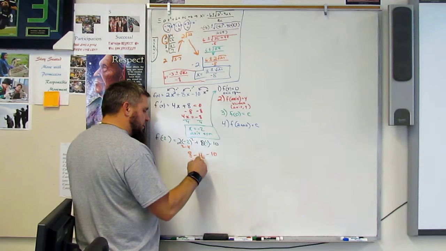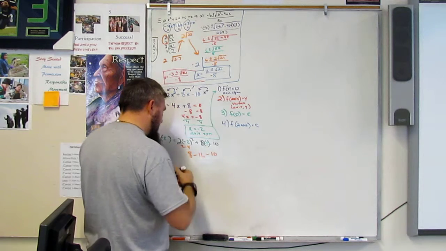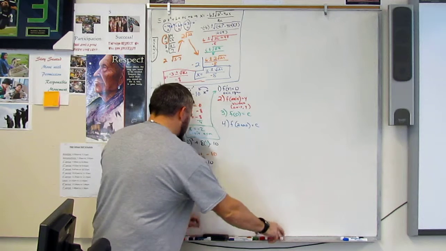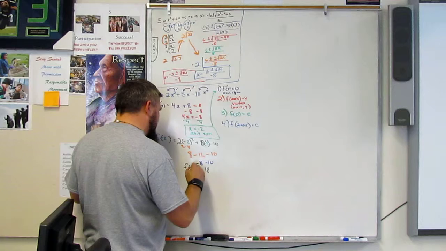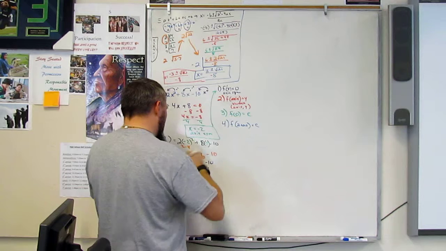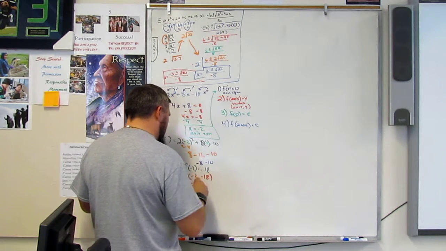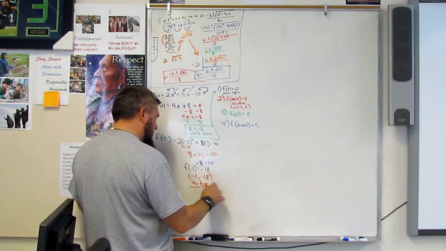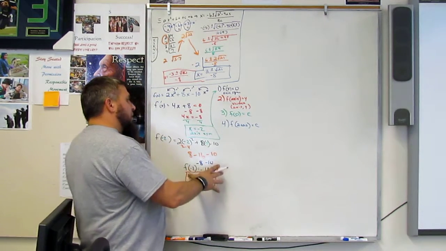So now I have negative 8 minus 10, so I get negative 18, and that's what f of negative 2 equals. So what I'm left with is negative 2 and negative 18. That is my vertex. So now I have my vertex.